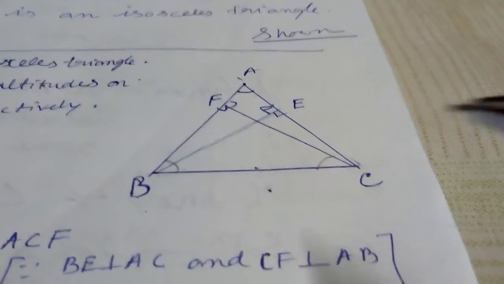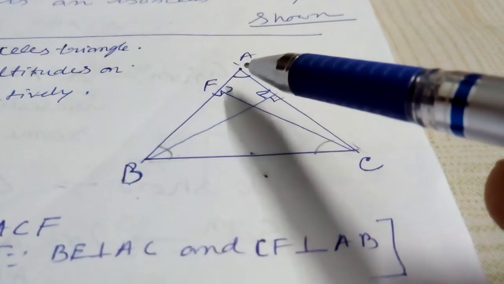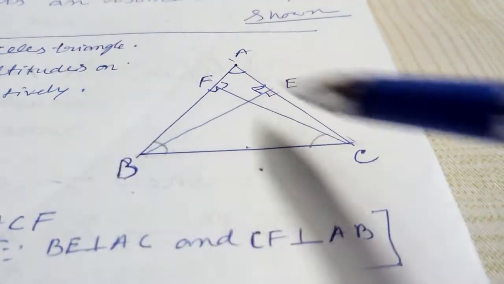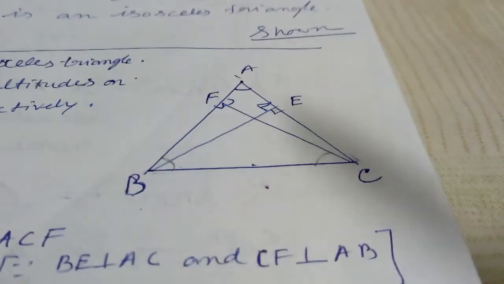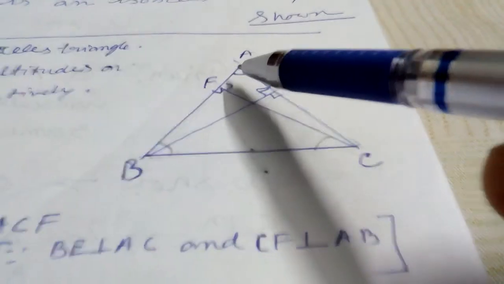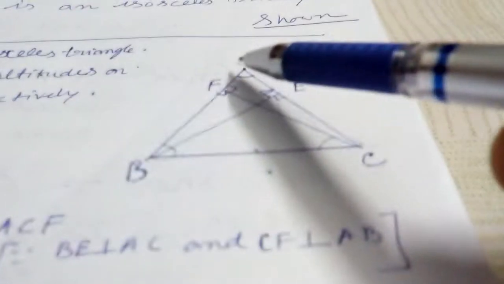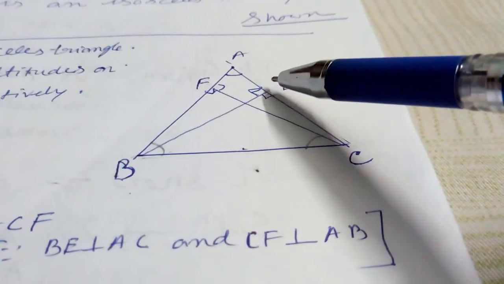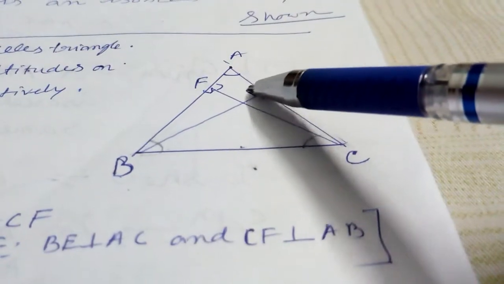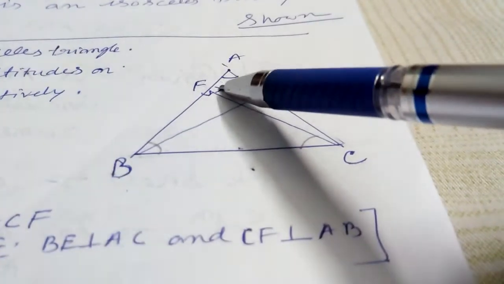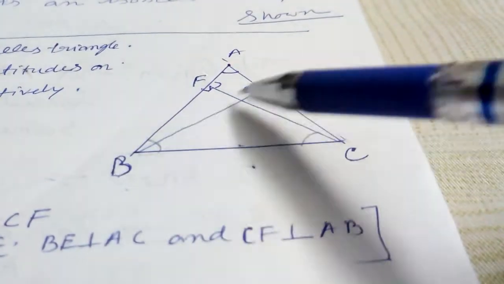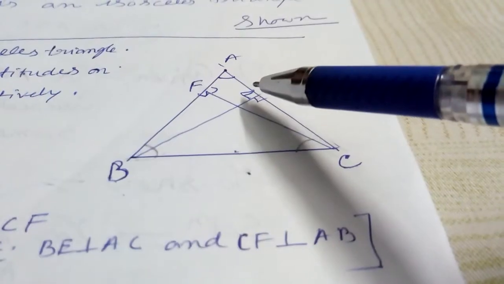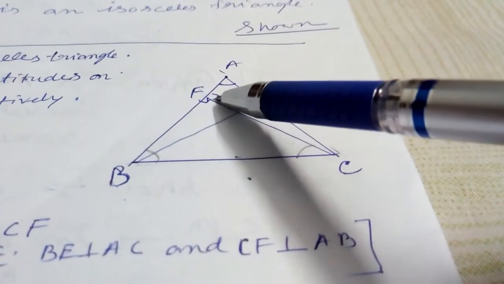Now we are given that in triangle ABC, AB is equal to AC. So, we take two triangles ABE and ACF, where AB is equal to AC, it is given, and angle E is equal to angle F, because BE and CF are perpendicular, that is altitudes, so this and this are equal to 90 degrees.